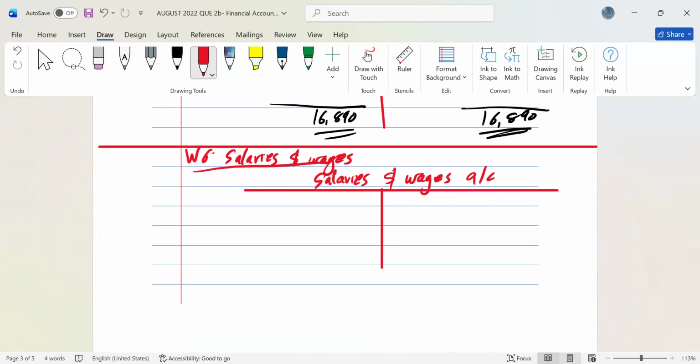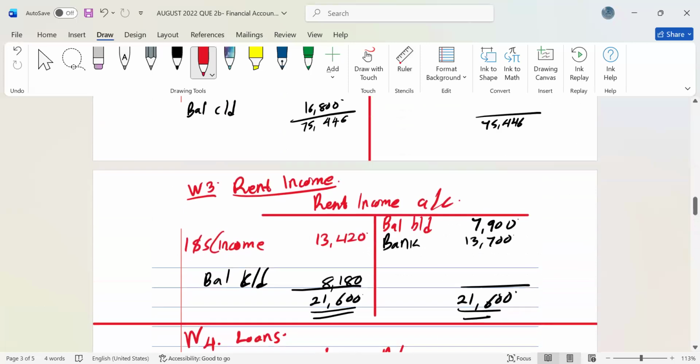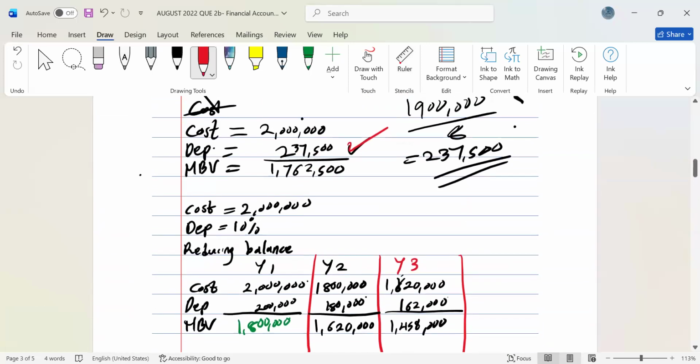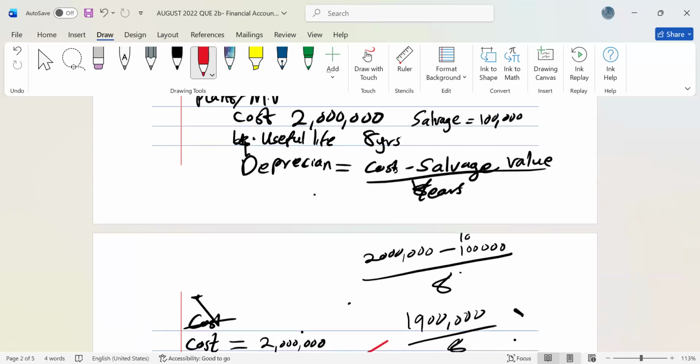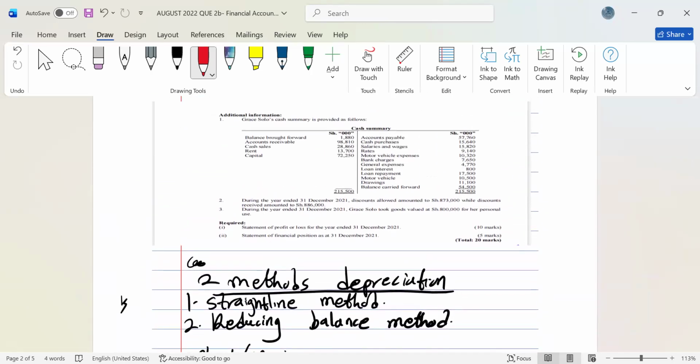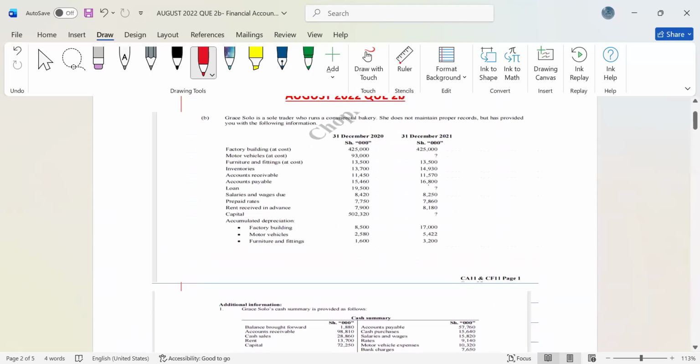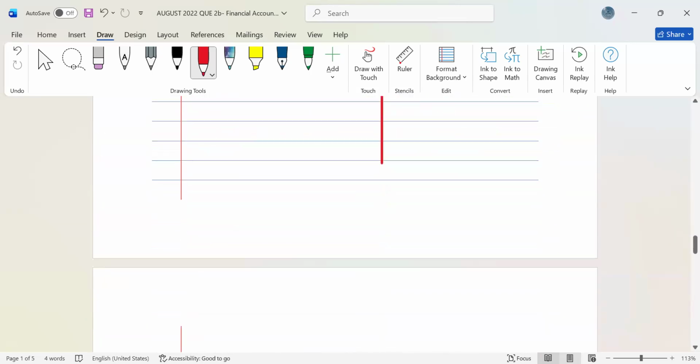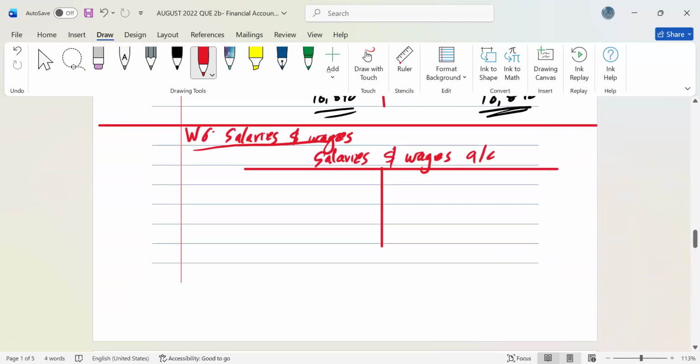Sorry, salaries and wages account. Let's see how it was here. It was due. In as much as it is an expense, it was accrued. So that is why in this case we'll have to credit. If it was prepaid, then we would have debited it.